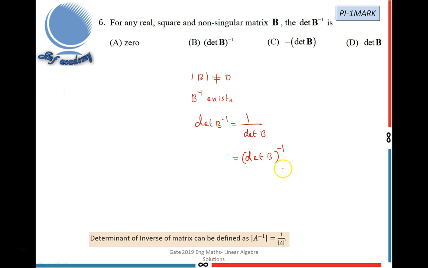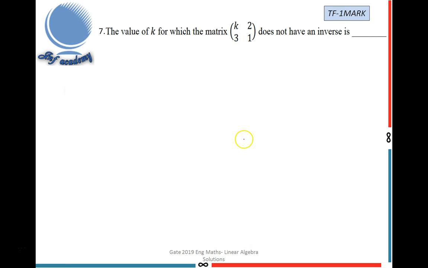So determinant of B inverse equal to determinant of B whole inverse. That is option B is the correct answer. Answer is option B.